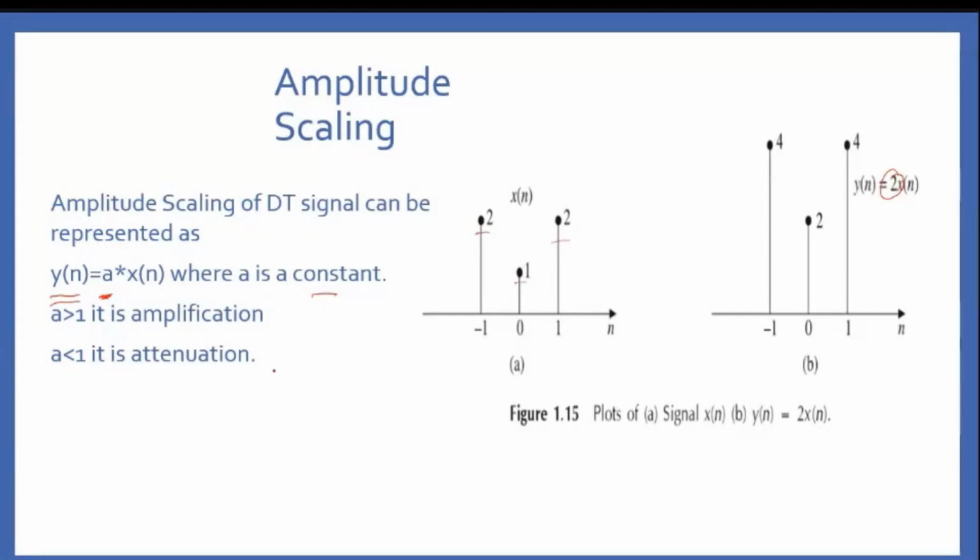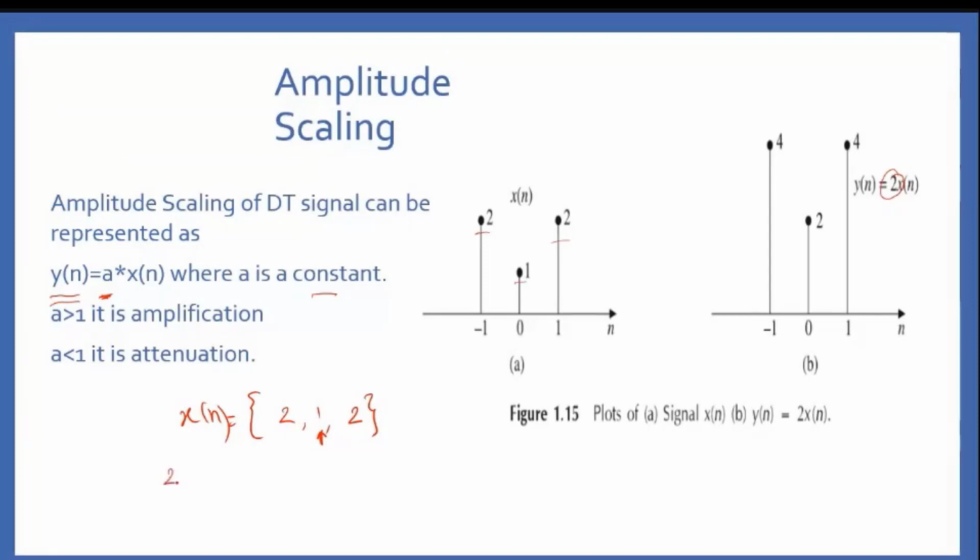So what is the value of x[n] here? The value of x[n] here is 2, 1 and 2, right? So I'll draw an arrow at 1 which says that is the value at n equal to 0.